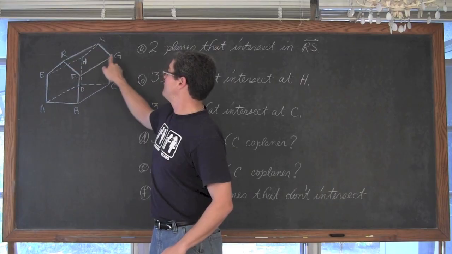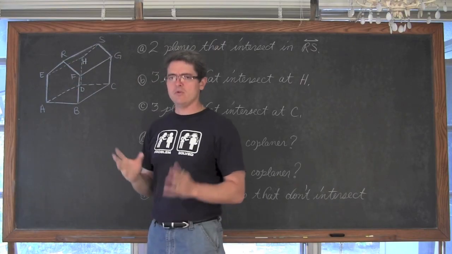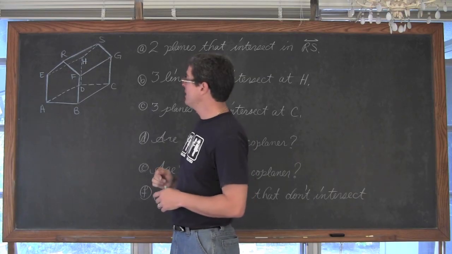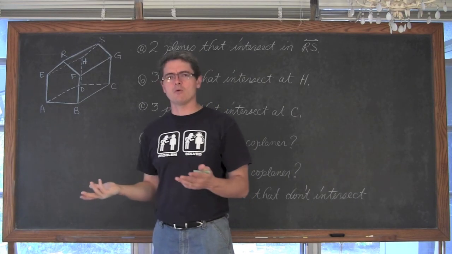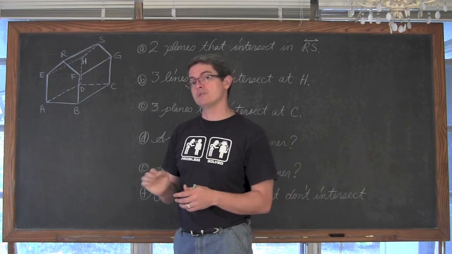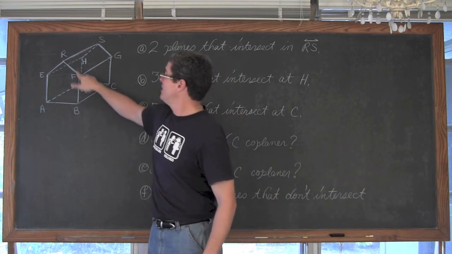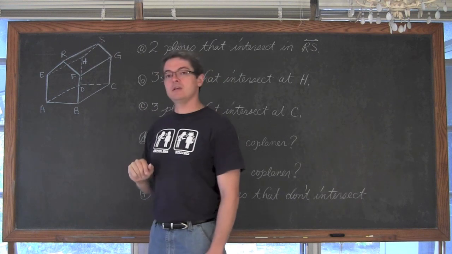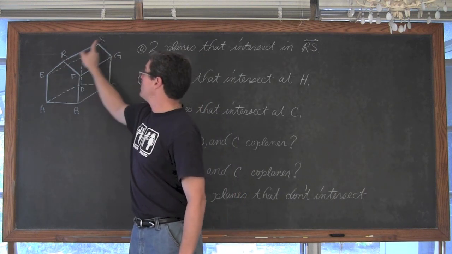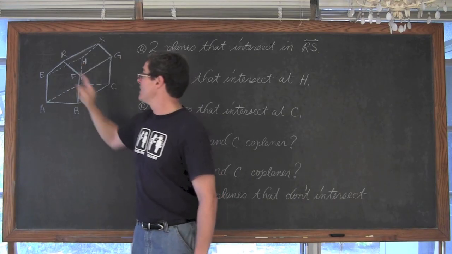Plane RFGS, you can name a plane with 4 letters when they're drawn in this fashion. It would be too confusing to throw more letters in there to identify the plane with a single letter. So plane RFGS is coming and leaning in from the right, and plane ERS, and see that H back there?